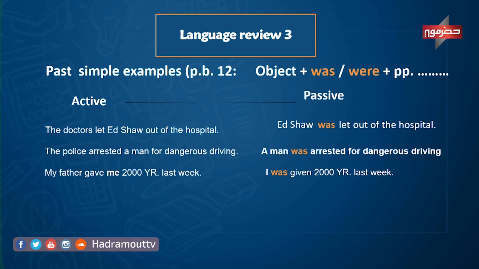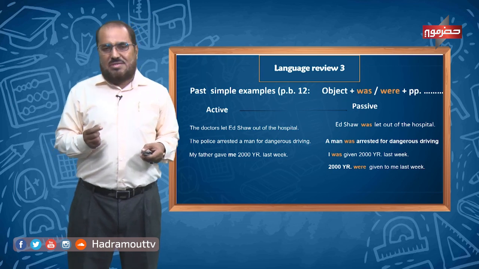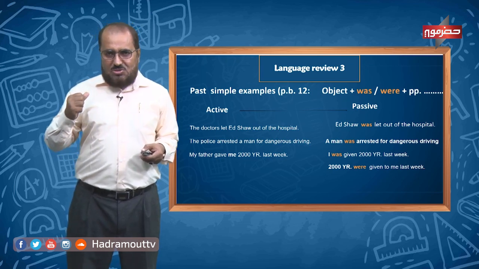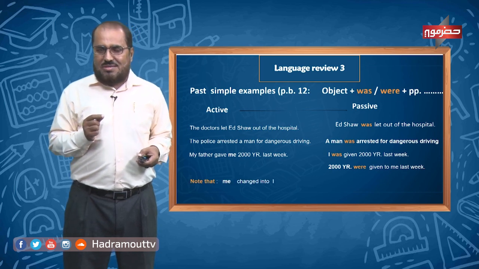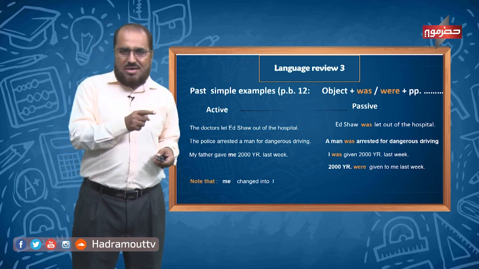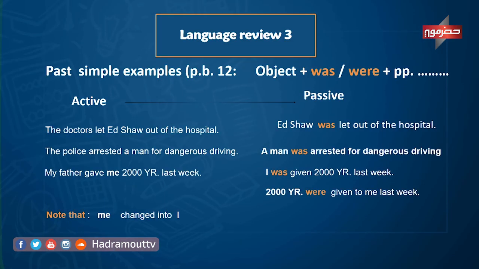You can build another passive sentence with the second object, 2,000 Yemeni riyal. Yes: 2,000 Yemeni riyal were given to me last week. But by the way, don't forget to change the object pronoun me into a subject pronoun I. And what about the other pronouns?